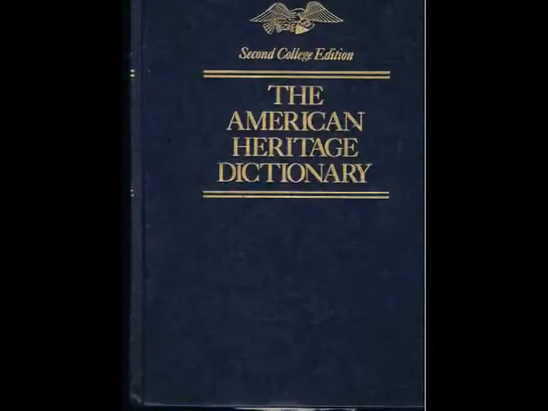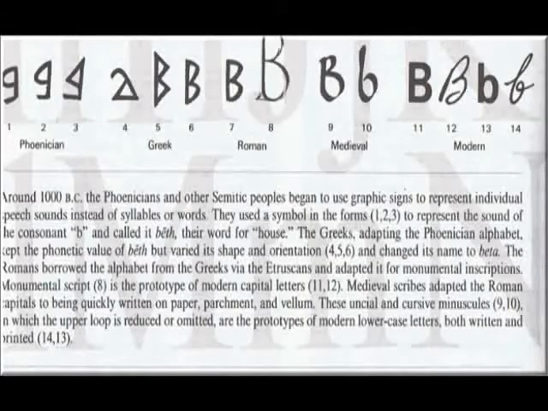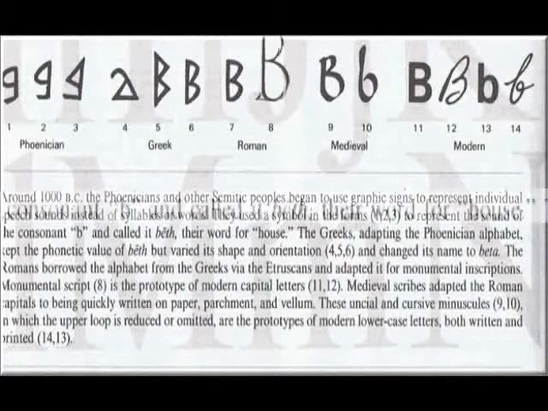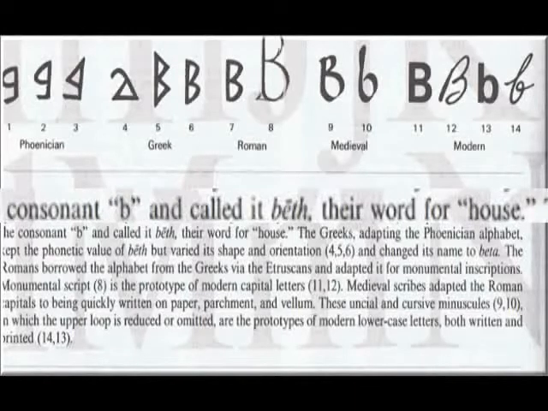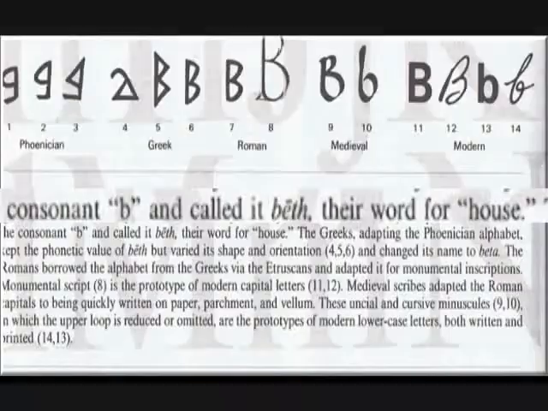It says it's almost the same thing about the letter B, which goes back around 1000 BC. The Phoenicians and the other Semitic, same thing, begin to use graphic signs to represent individual speech sounds instead of syllables or words. Now I want to go right to the point. The consonant B, and called it Beth.